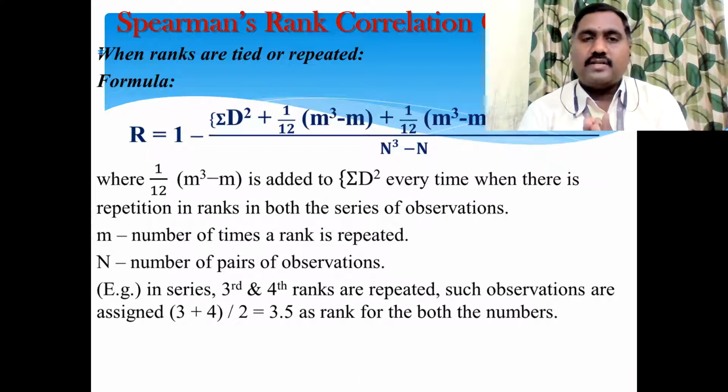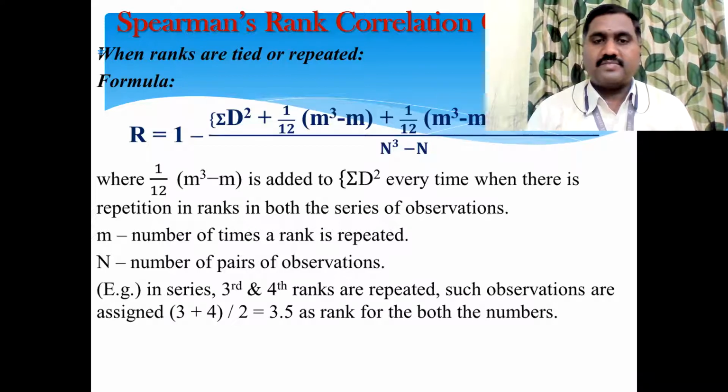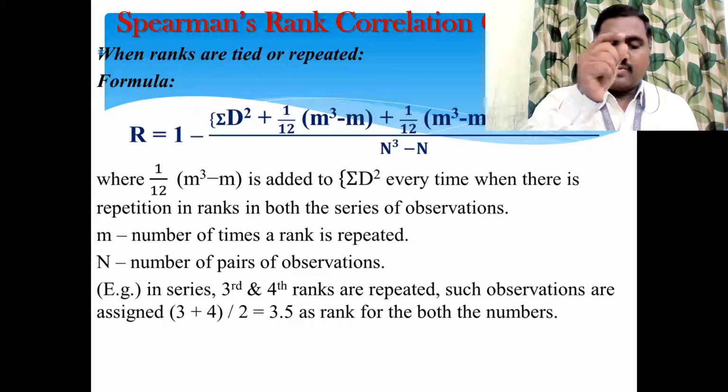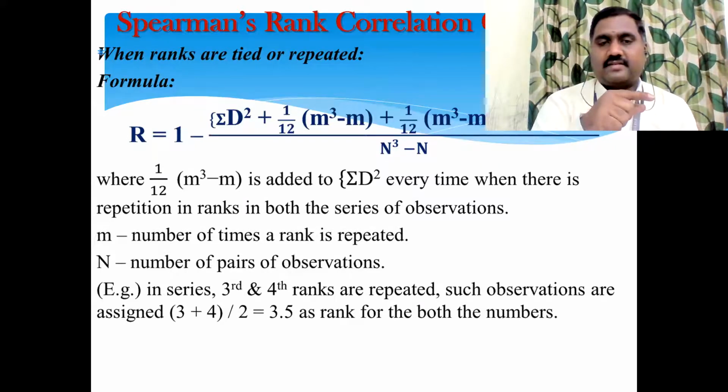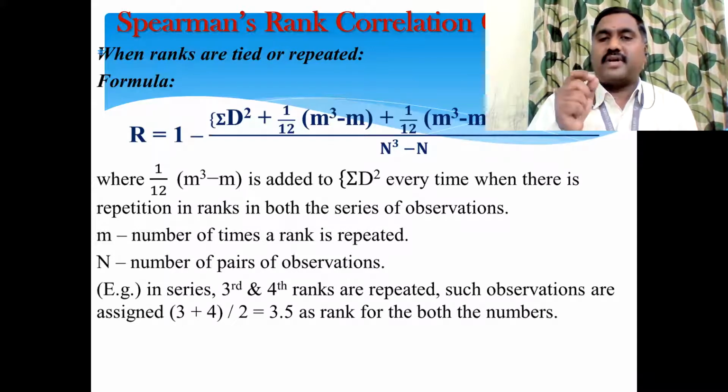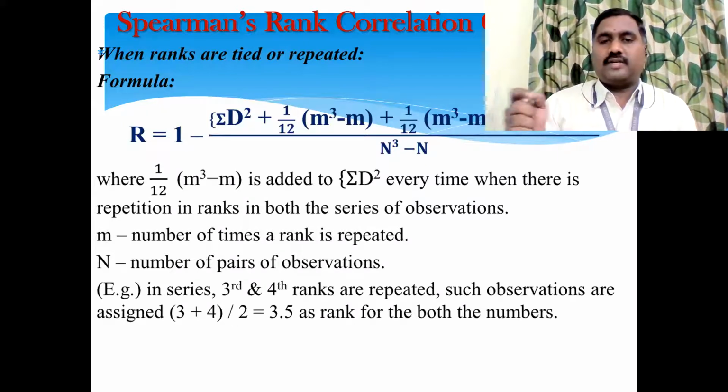Okay, so the formula is R equal to 1 minus, I think 6 is missing. Guys, please, there is a mistake in the formula.